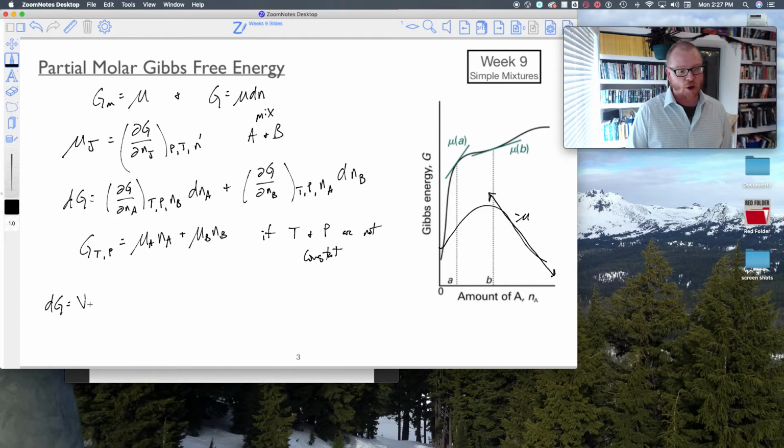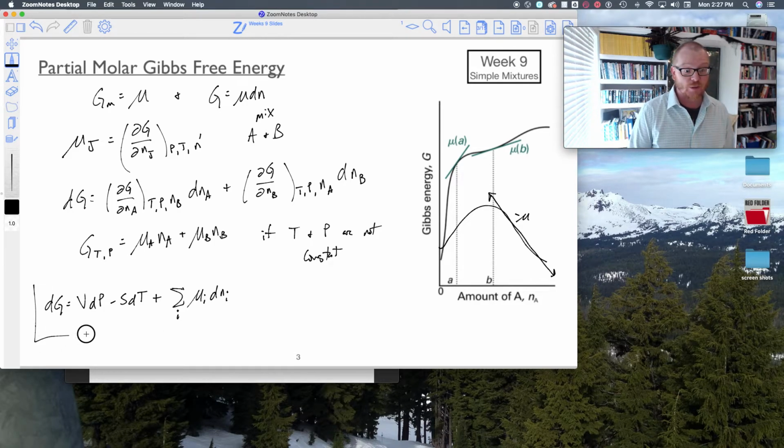And so that's going to go V dP minus S dT plus the sum of all chemical potentials of species I, so the sum over I, J, K, L, however many things are in our mixture, times the change in number of moles, okay?